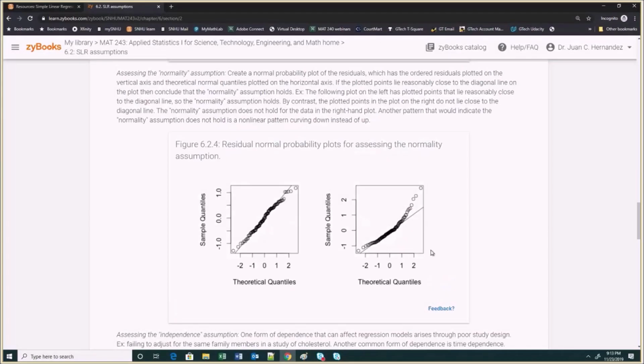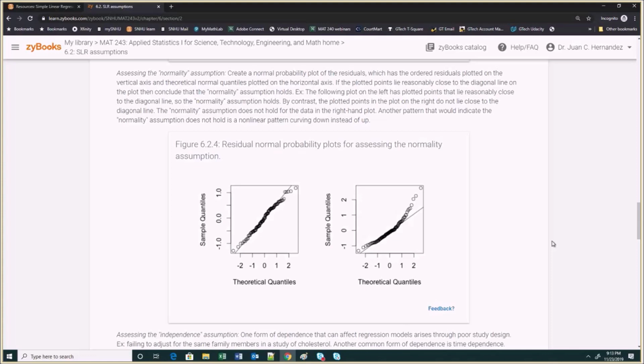In the case of normality, in the graph on the left you see that all the sample quantiles are gathered along the straight line, which means that the distribution is approximating a normal distribution.